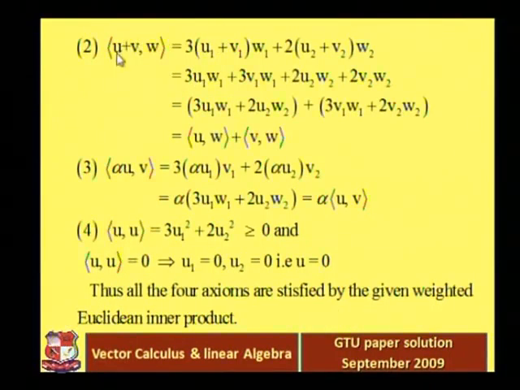Next is the inner product of u plus v with w, that is equal to 3 (u1 plus v1) w1 plus 2 (u2 plus v2) w2, that is equal to 3 u1 w1 plus 3 v1 w1 plus 2 u2 w2 plus 2 v2 w2, that is equal to 3 u1 w1 plus 2 u2 w2 plus 3 v1 w1 plus 2 v2 w2, that is equal to inner product uw plus inner product vw.